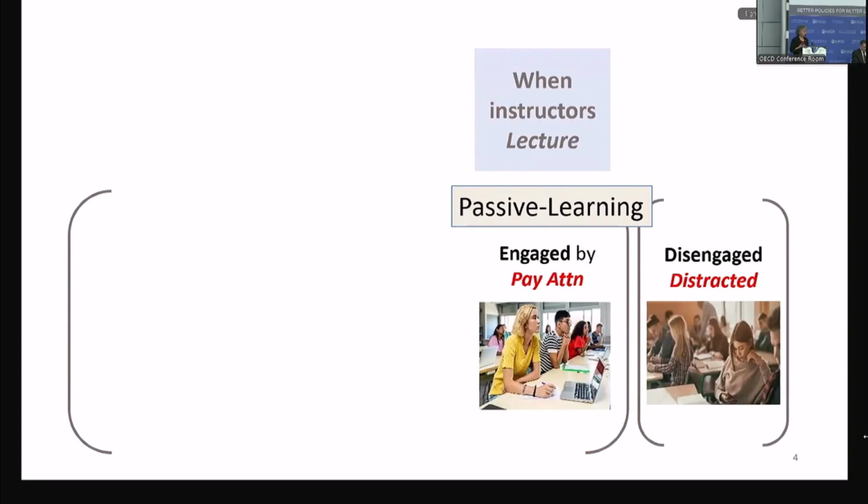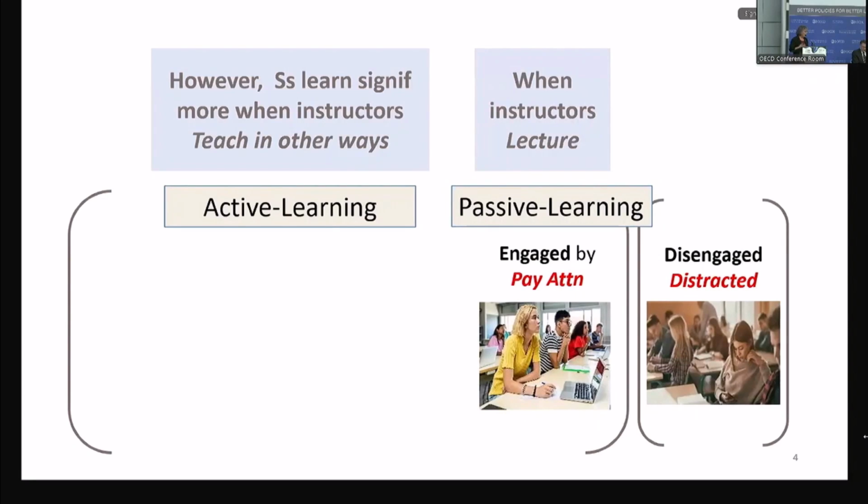That's when instructors lecture. However, students turn out to learn significantly more when instructors teach in other ways, and that's called active learning. The difference is quite significant, and there's a very well-known meta-analysis by Freeman that analyzed 225 college STEM courses, and active learning classes clearly outperform non-lecture classes.